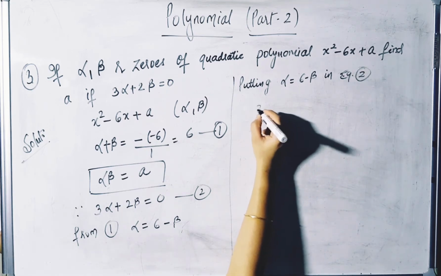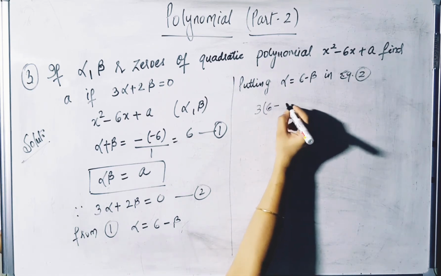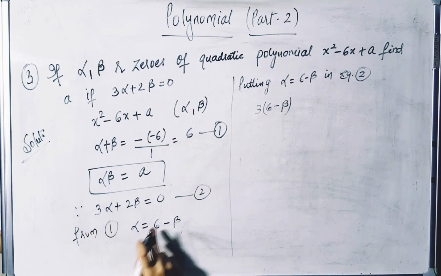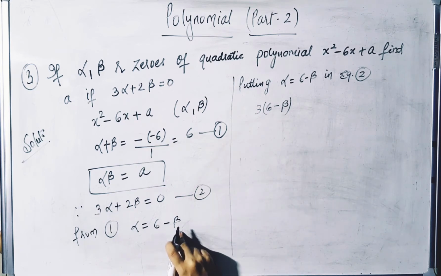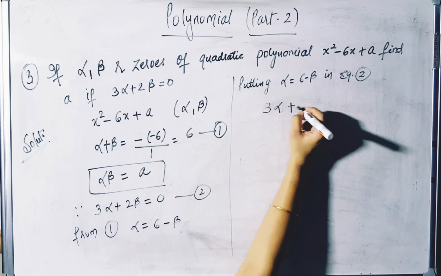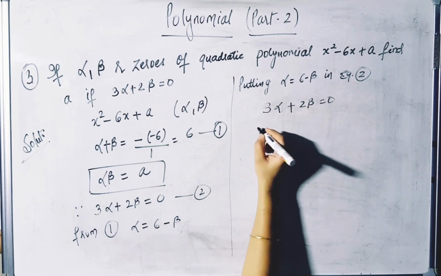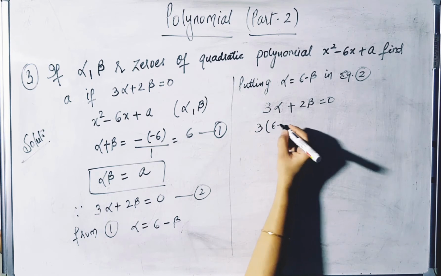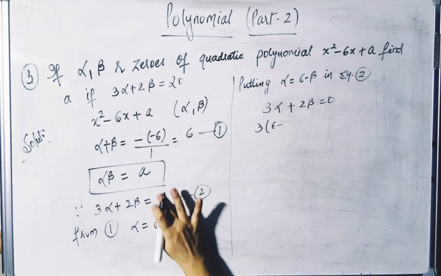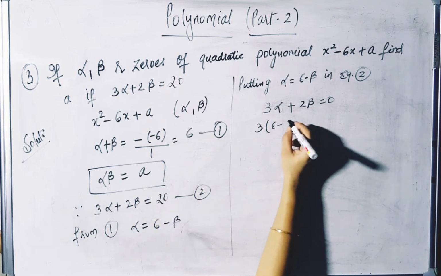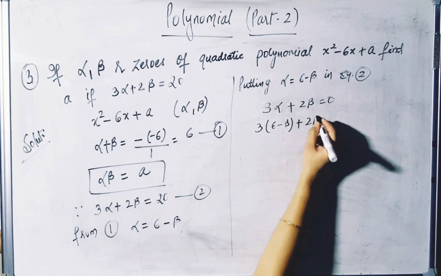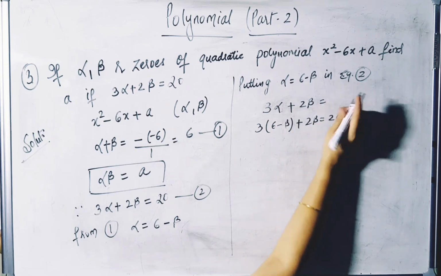So here we'll get 3 into 6 minus beta, because it is 3 alpha. I'm writing the equation over here so there will be no confusion at all. 3 alpha plus 2 beta is 0. So 3 into 6 minus beta plus 2 beta is 0.